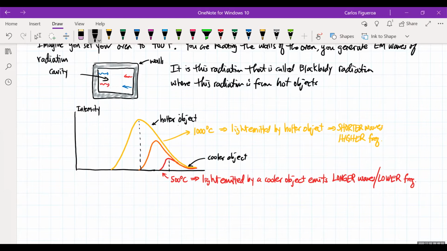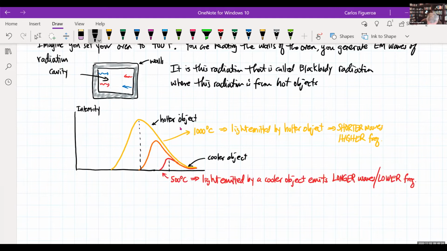Another feature of this drawing that you've built in here is that the waves of lower frequency are still the same intensity. Is that accurate? No. In a hotter object, the intensity is higher, which is what I was just going to write right now.